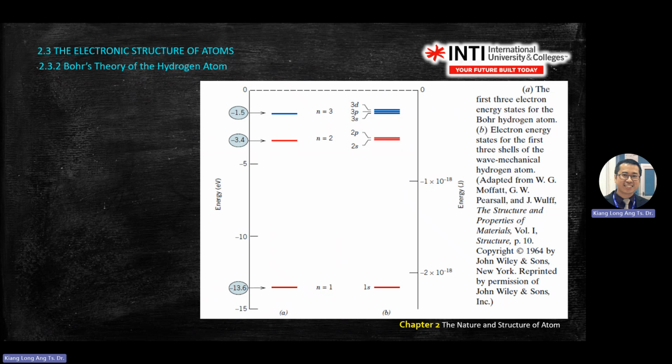What did I write on the whiteboard here? What do you see here? E2 minus E1.